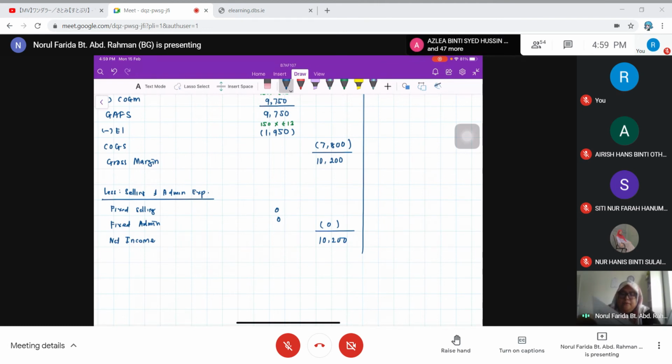So you will have over and under absorption. These two parts you must make an adjustment for in your income statement.